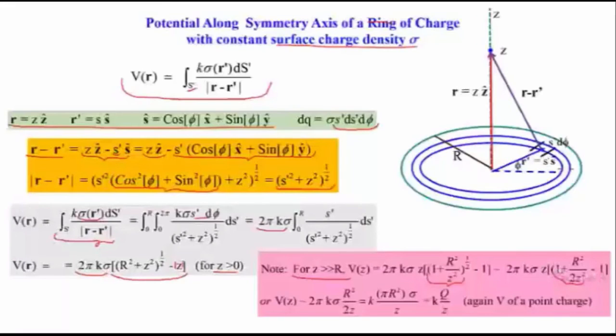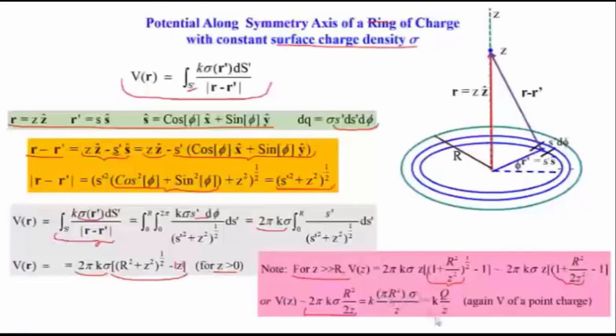So then you cancel 1, and you end up with this expression here. This is R squared over 2z because you have a z multiplying 1 over z squared. So you get 1 over z. Well, the same thing, if you regroup this, the 2's cancel, so you end up with pi R squared times sigma, and that's the Q. This would be the Q on the disk.